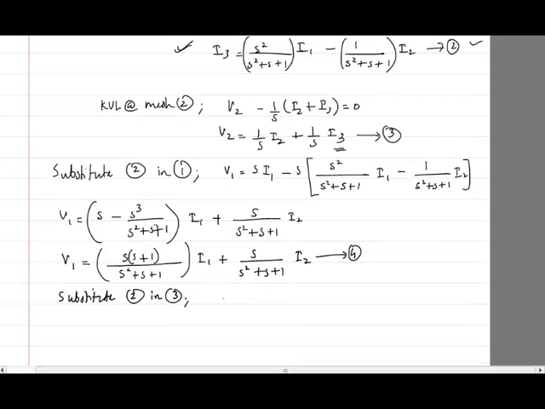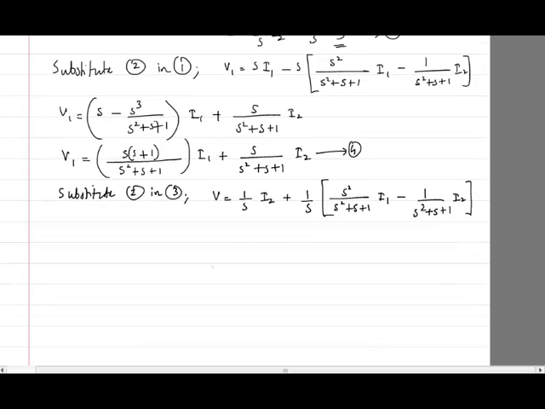So V2 is equal to 1 by S I2, let it remain there, plus 1 by S. Now instead of I3 I will write S square divided by S square plus S plus 1 into I1. Where am I taking that from? I am taking it from equation number 2. Minus 1 divided by S square plus S plus 1 I2, which I can again expand for I1 and I2.